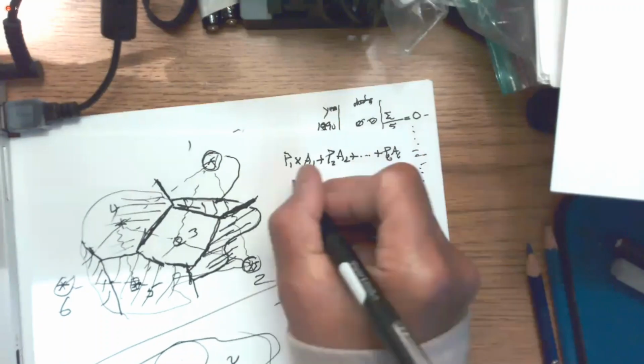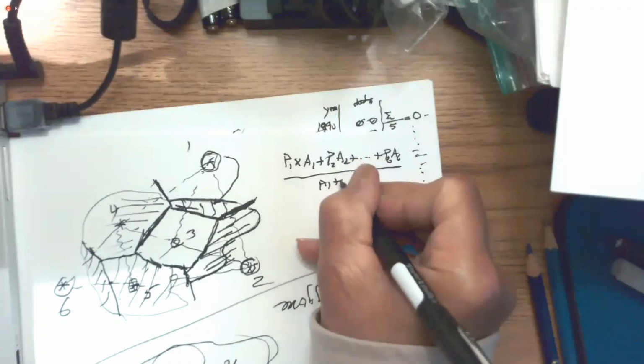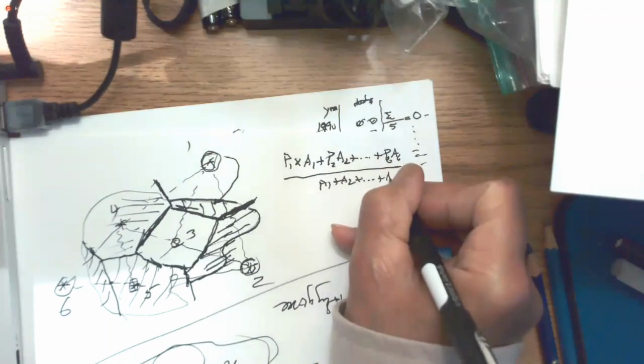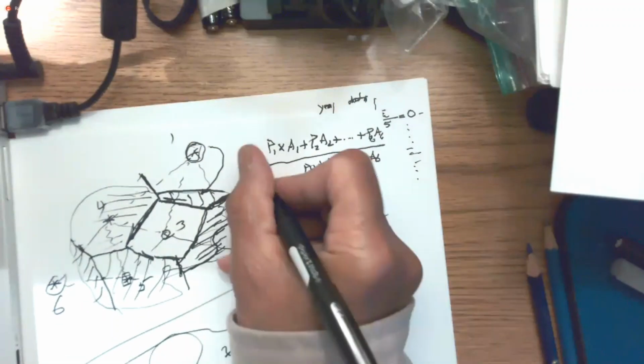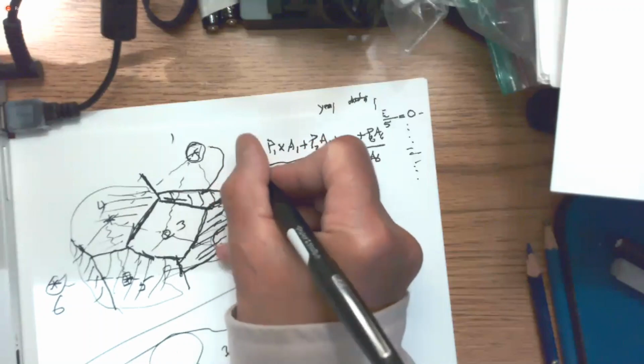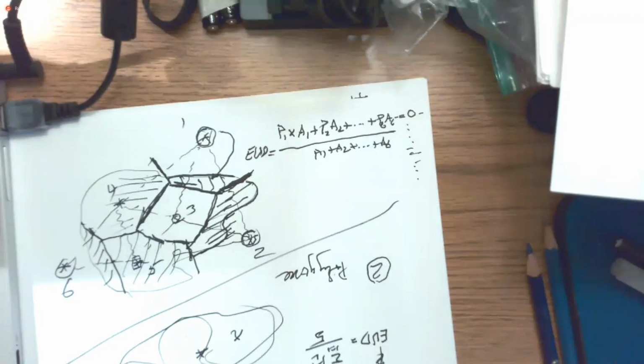And then divide by A1 plus A2 plus A3 through A6. Whatever precipitation you get is the equivalent uniform depth over the watershed. Is that clear? So that is what happens.